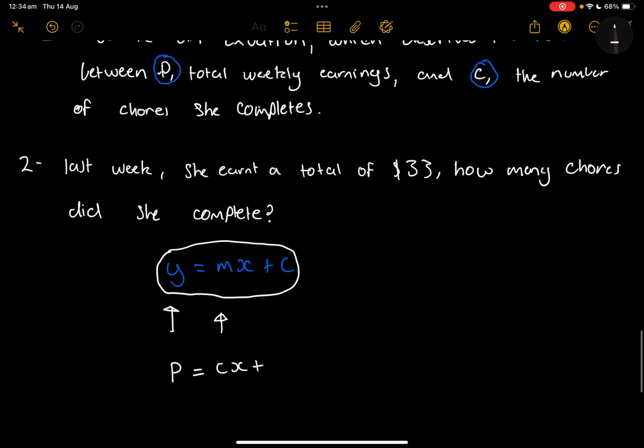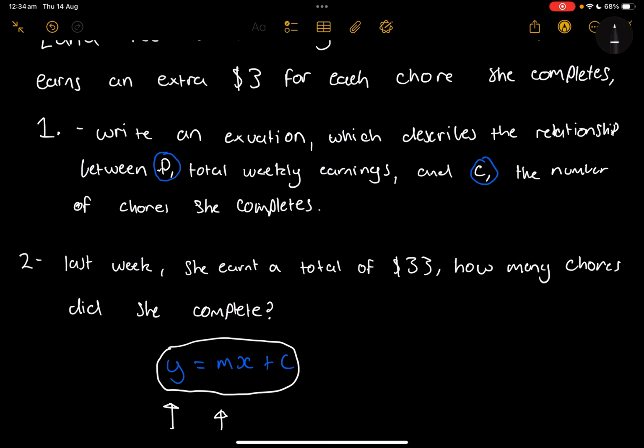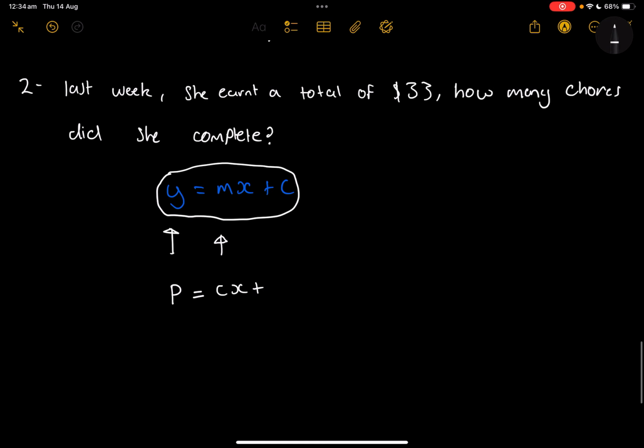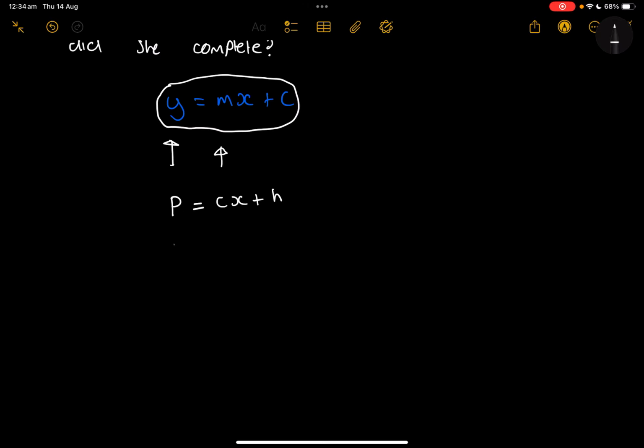Plus. And in this question, it doesn't give a thing for the C. So we're just going to refer to it as H. For example, can be anything though. So in this question here, we have the P is the total money she earned.